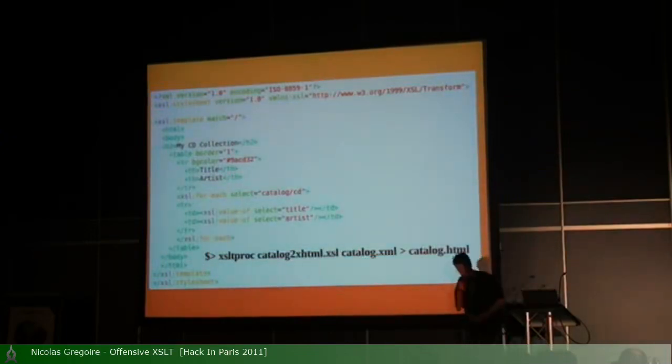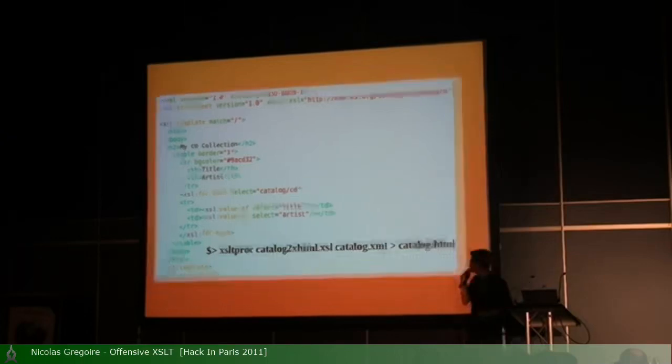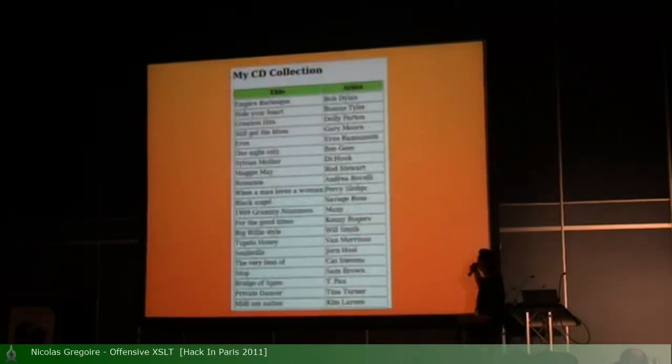So it's really basic. I generate the header of the HTML page. I begin a table, and for each row, I fetch the CD entry in the catalog, and I extract title and artist, and insert them in the result page. So you get this kind of output.